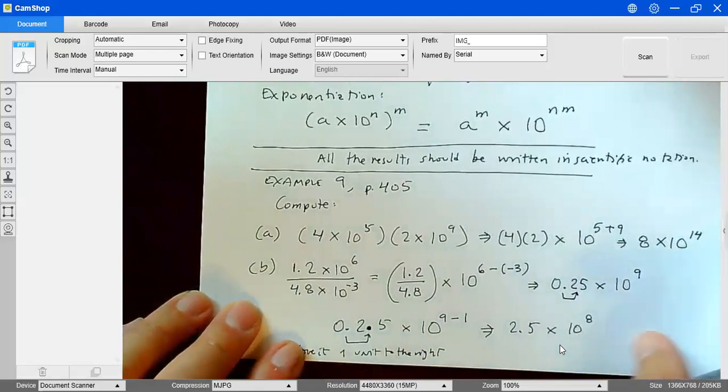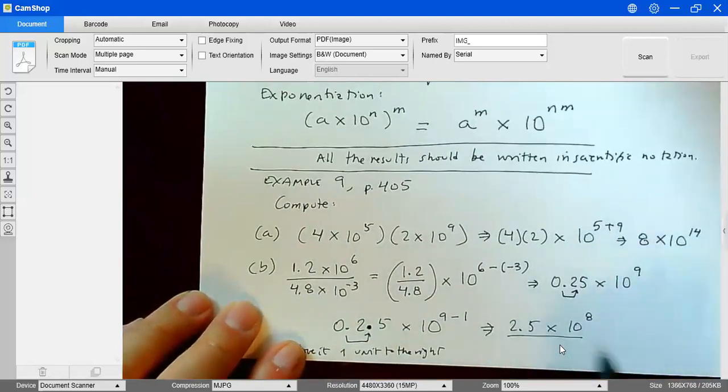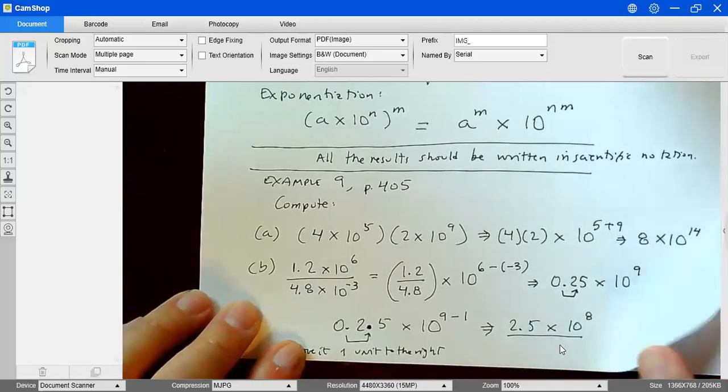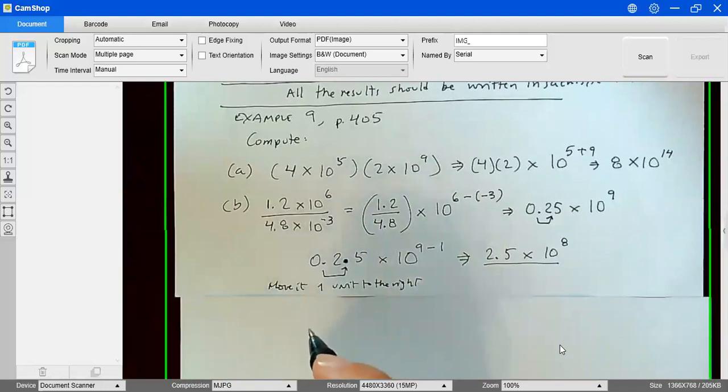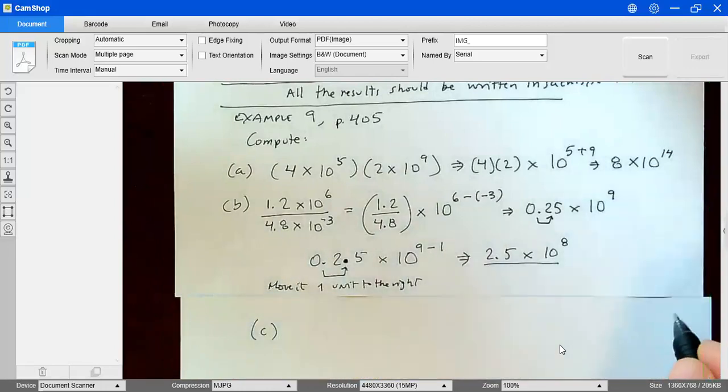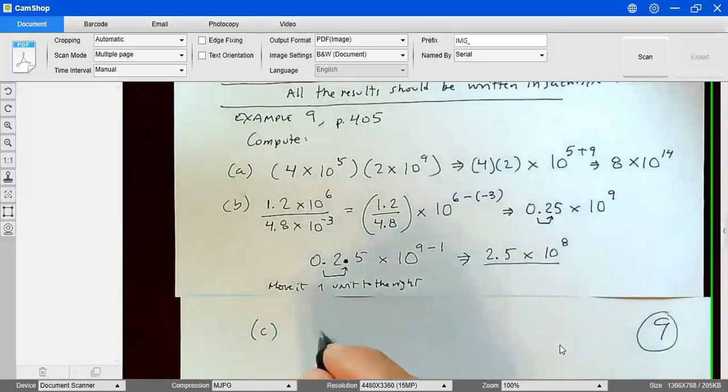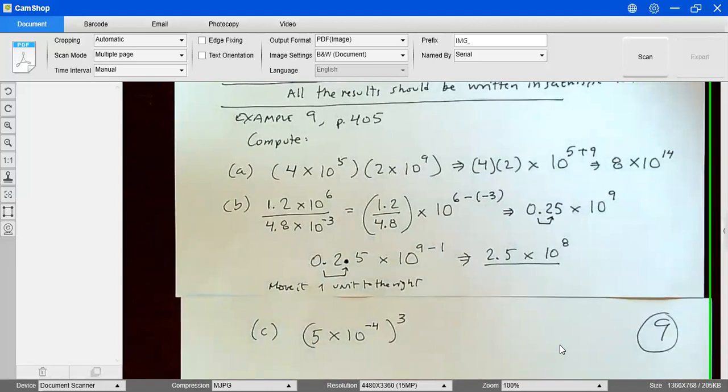So this is important. The final answer should be a number written in scientific notation. Okay, the last part of this example is part C. So we have now 5 times 10 to the negative 4 raised to the 3rd power. So we're going to get the cube of a number written in scientific notation.